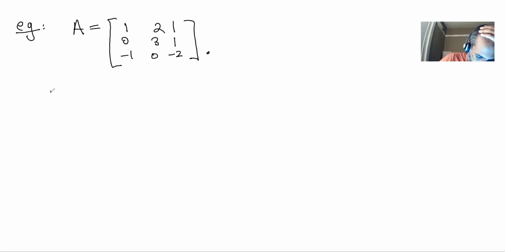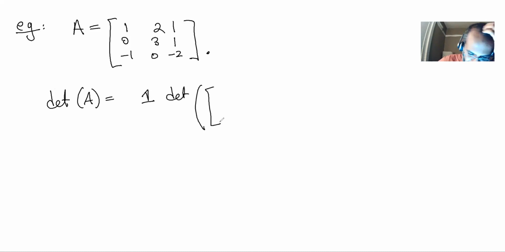So what's the determinant of A? Well, the determinant of A is going to be 1 times the determinant of the minor, which is the matrix you get by deleting the first row and first column. So 1, 2, 1, 0, 3, 1, -1, 0, -2. But now importantly, you have to delete, right? So this is the first entry. And now I have to delete these.